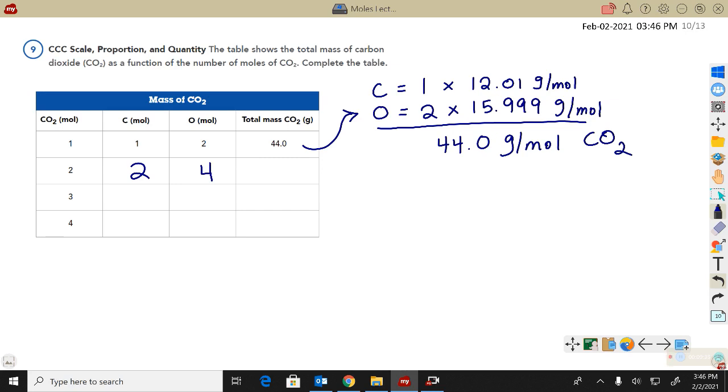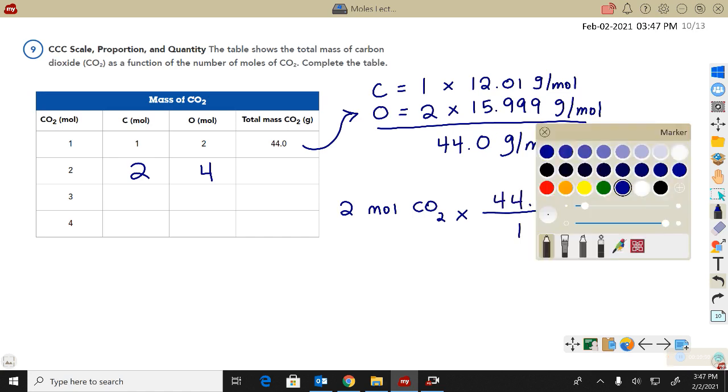And now watch what you can do for a calculation. You could say I have 2 moles of CO2. And now if you want, you could set up a little proportion to say, well, every 1 mole is, let's put grams on the top, 44.0 grams.